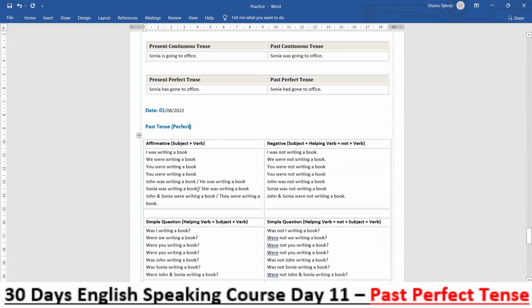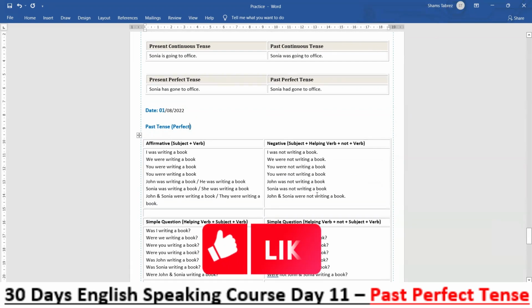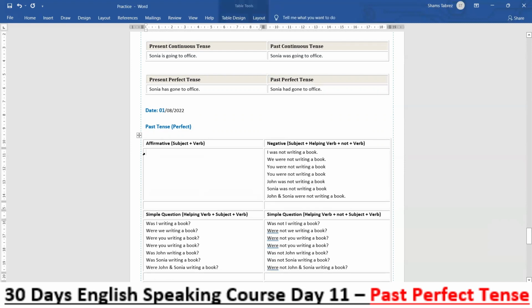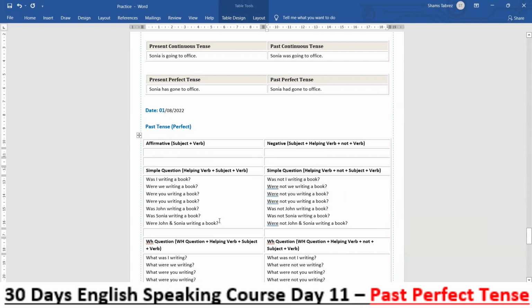Now we will make sentences using write for our affirmative, negative, simple question and everything. Would anyone like to make an affirmative sentence in past perfect tense using the verb write?